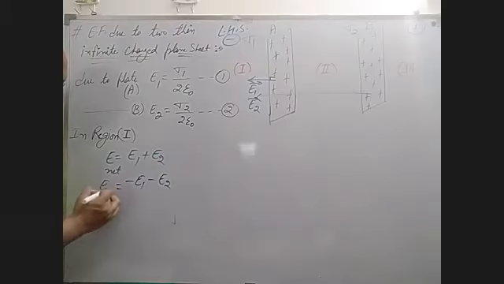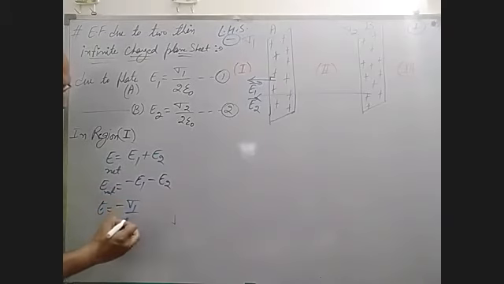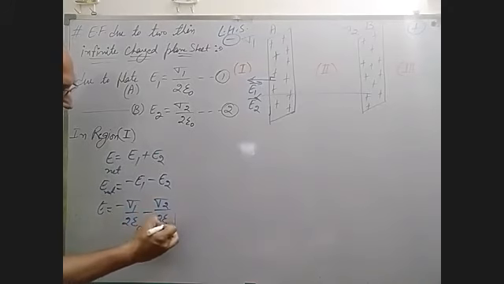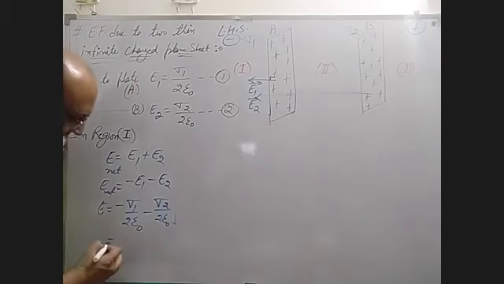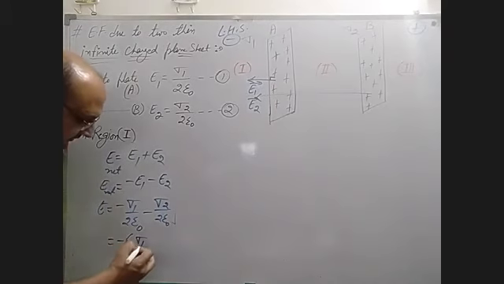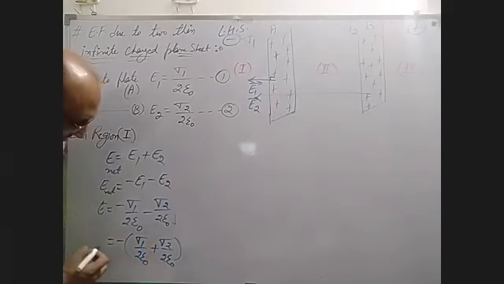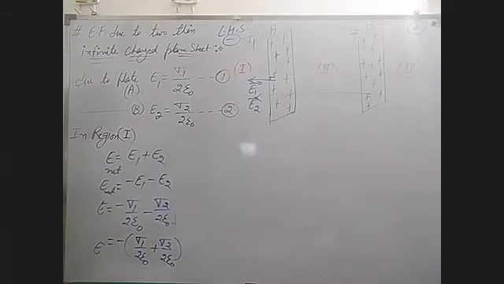Then, E net can be calculated as minus sigma 1 upon 2 epsilon naught minus sigma 2 upon 2 epsilon naught. Okay. Now, minus is common: minus of sigma 1 upon 2 epsilon naught plus sigma 2 upon 2 epsilon naught. This is the result in case of region first.